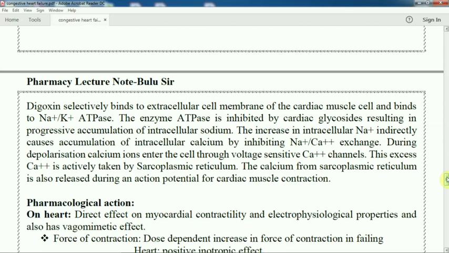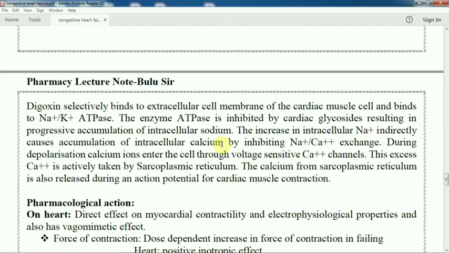So how is calcium deposited inside the cell? When sodium accumulates, the increased intracellular sodium indirectly causes the accumulation of intracellular calcium.